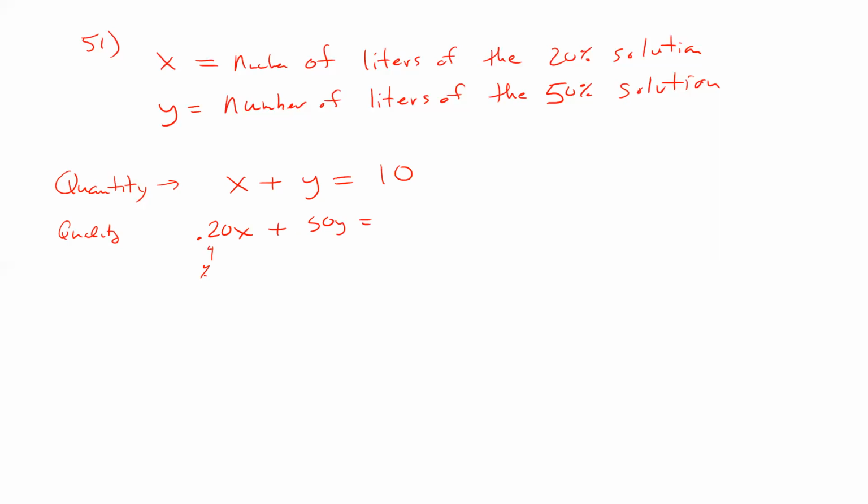It's your percent multiplied by how much, right? It's the quantity from earlier. So then it's percent again, so it's 0.50 multiplied by the quantity of Y. So in this case, you're going to get the same thing here. It's going to be the percent of what you want at the end. It's a 30% solution of the 10. So there's your quality equation.